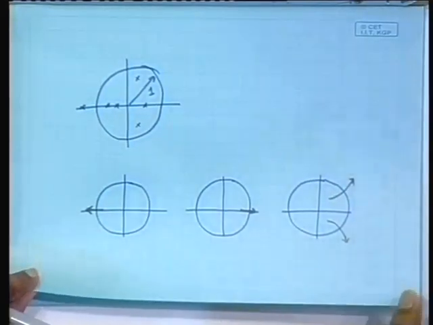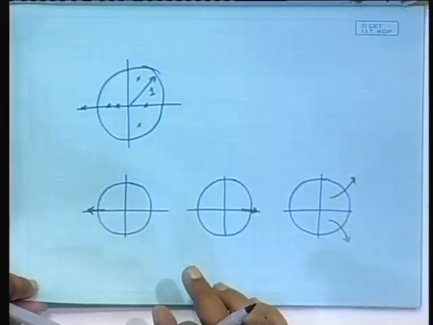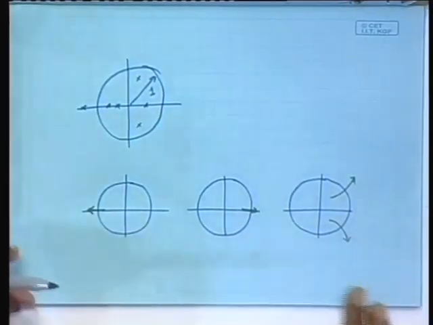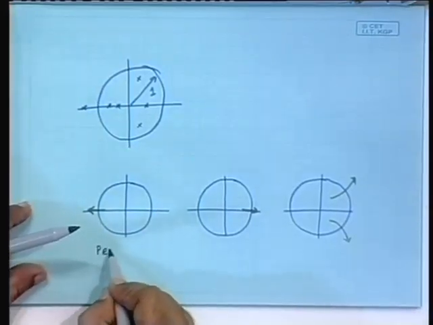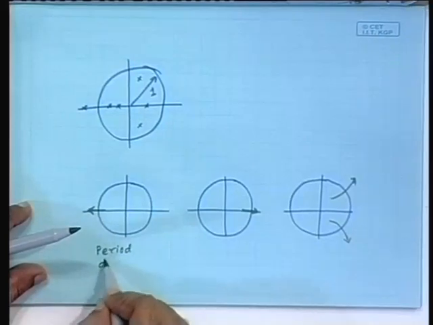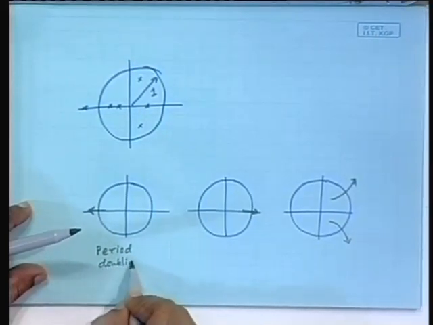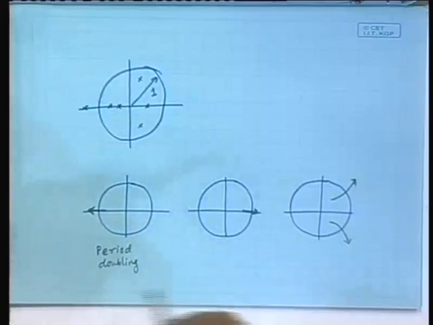Now, let us try to understand each of these. Let me write down the name, because here we understood that this should be the period doubling. We will prove it, but yes, it is actually period doubling.